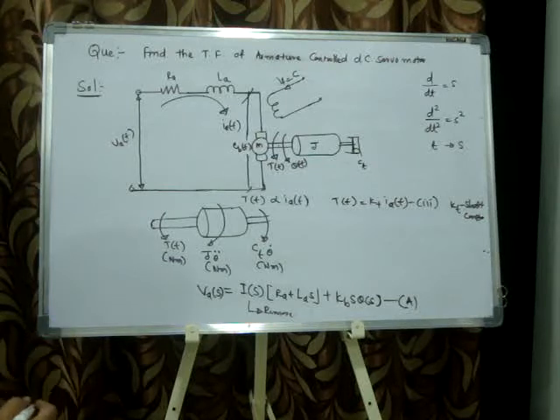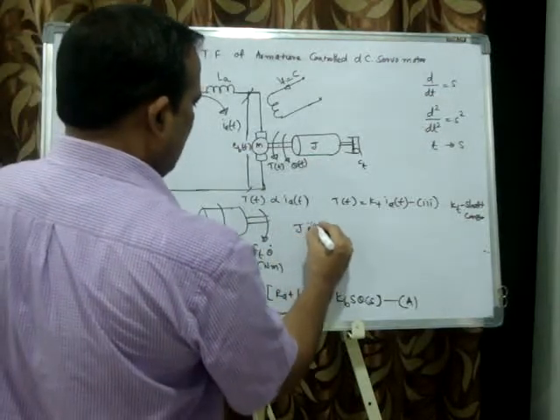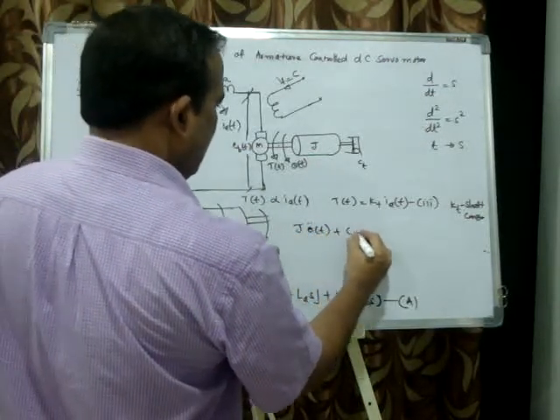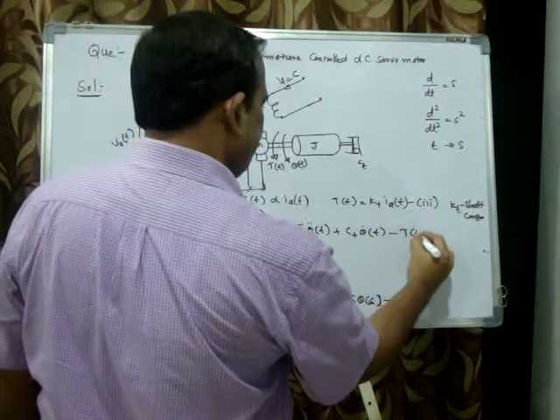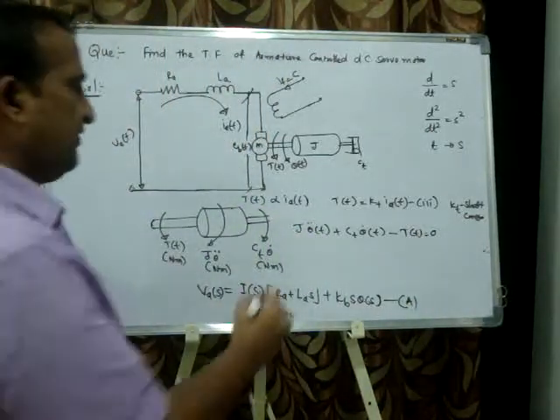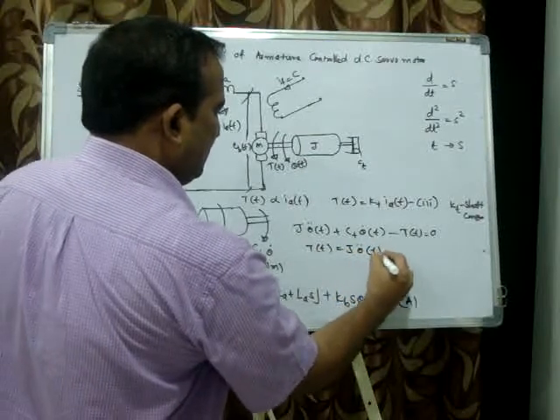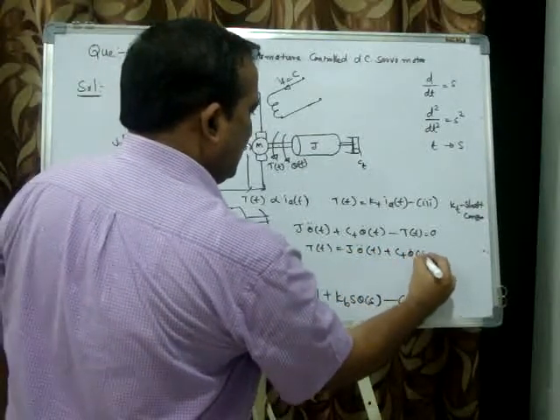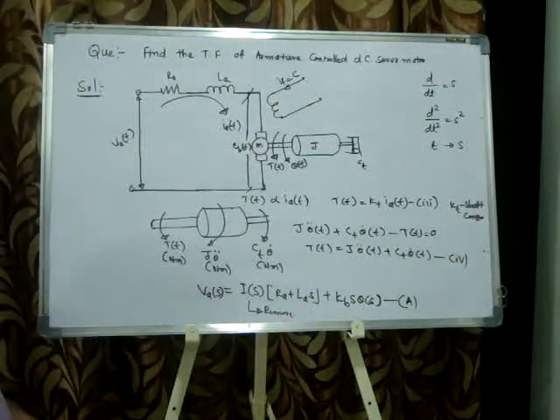Now applying D'Alembert's principle for equilibrium, clockwise is positive and anti-clockwise is negative. So T(t) = J theta double dot + CT theta dot. This is equation number 4, because I want to remove the T(t) term.